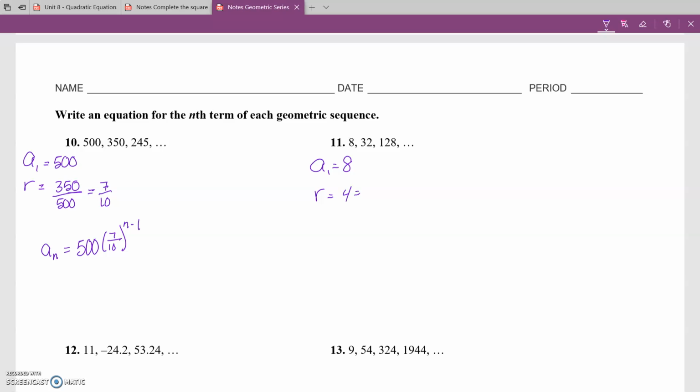Or in other words, 32 divided by 8, which is the same thing as 128 divided by 32. So I know my common ratio is 4. If I take 8, multiply it by 4, I'm going to get 32. 32 times 4 is 128. So a to the n is equal to 8 times 4 to the n minus 1.